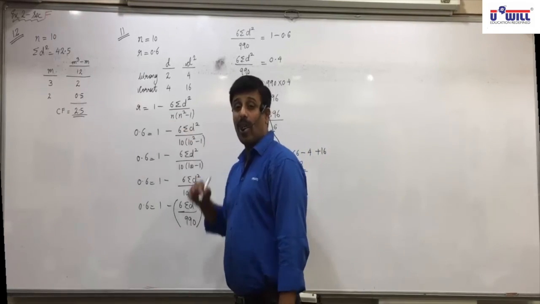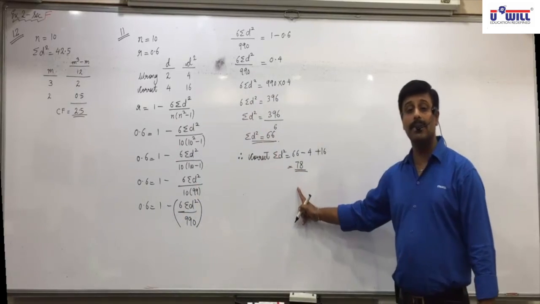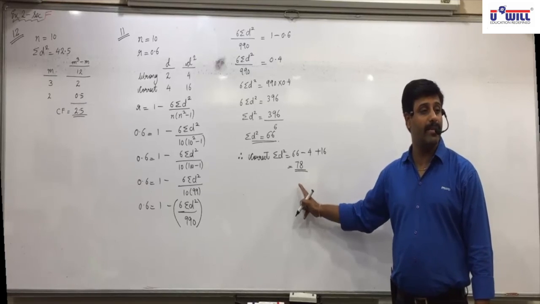Now this whole formula we will reapply with the correct sigma D square, that is 78. Got it, everyone?